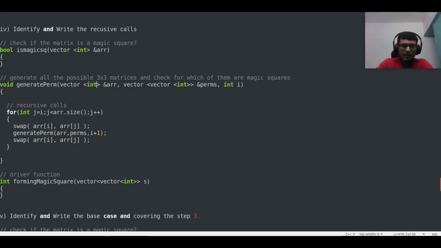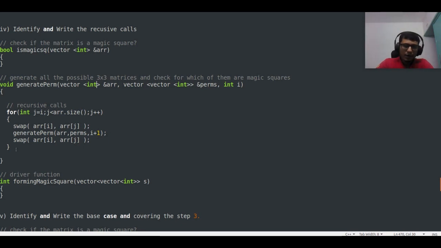Then we are making the recursive calls by passing arr, array, perms, that is permutations, and I plus 1. We are passing I plus 1 because we are going one level deeper inside the recursion tree. And then after the recursive calls we are swapping back the integer at the index I and j.